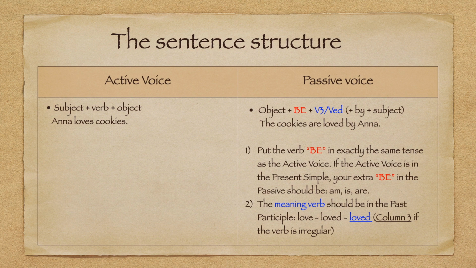Number two, the meaning verb should be in the past participle. Example, love, loved, loved. We use column 3 in the table of the irregular verbs if the verb is irregular. Otherwise, we simply add ed after the verb.